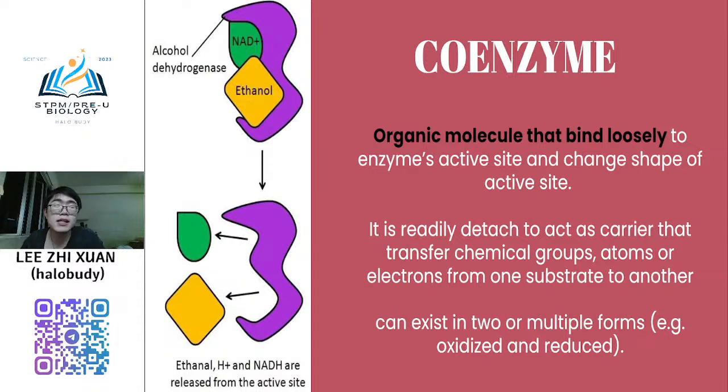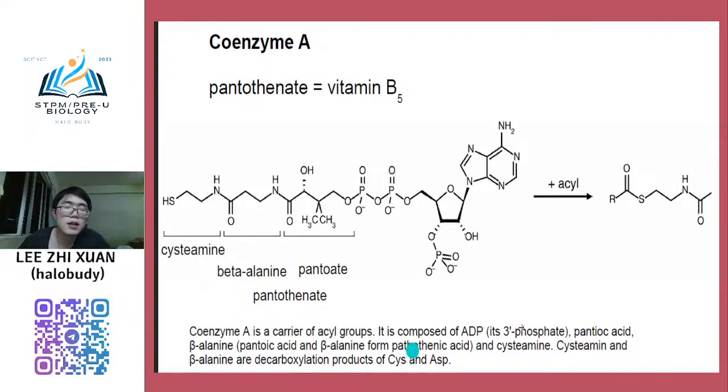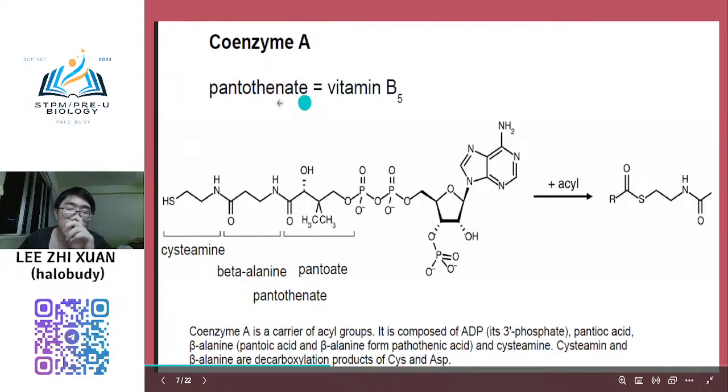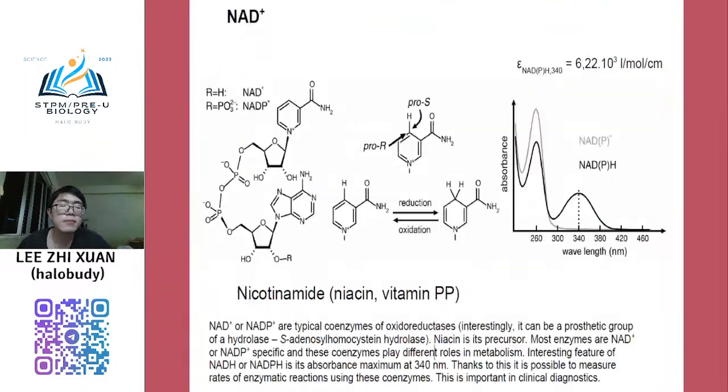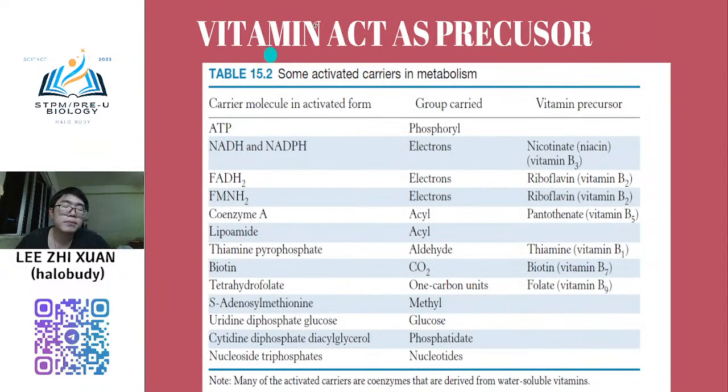And another one is in the ETC that you learned, coenzyme Q, ubiquinone, you know that. So it is also one type of coenzyme. This one is the structure of coenzyme A. Coenzyme A is a very complex substrate, and the main component is made up of vitamin B. Normally coenzymes are made up of vitamin B. You see here, vitamin B is the precursor to form the coenzyme.